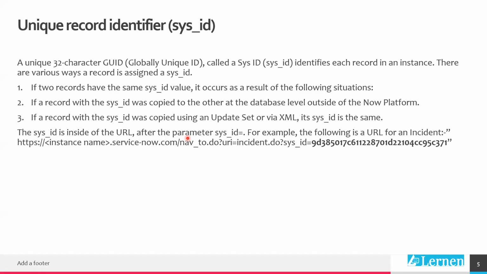It doesn't matter how many records or forms you have, it is not possible that two records have the same sys ID. Sys ID is a GUID, a globally unique ID, and it is 32 characters long. I copied a sample from here. This is one of the samples.